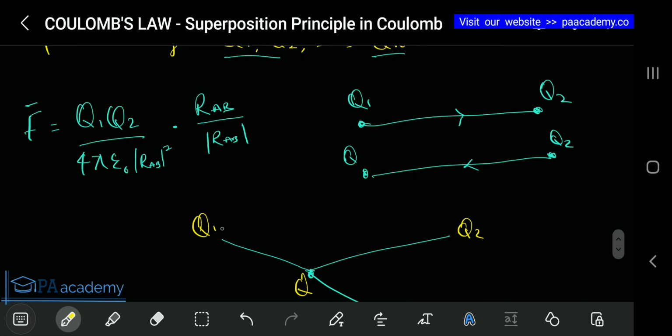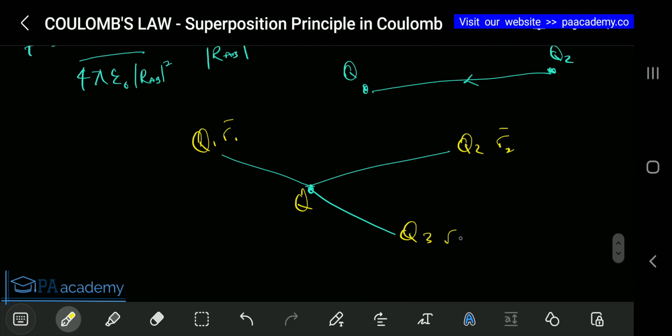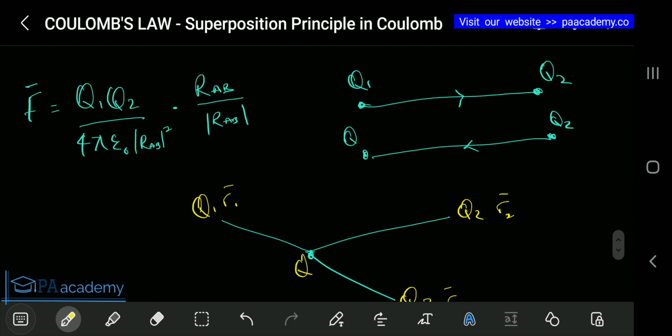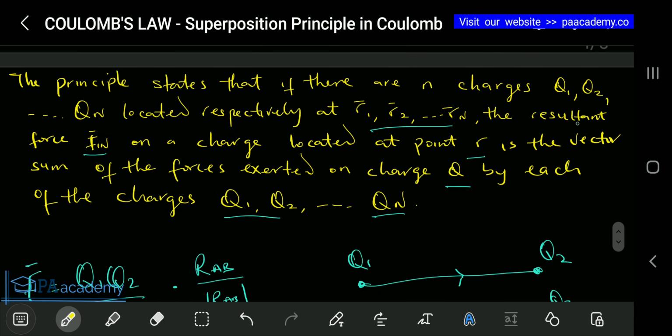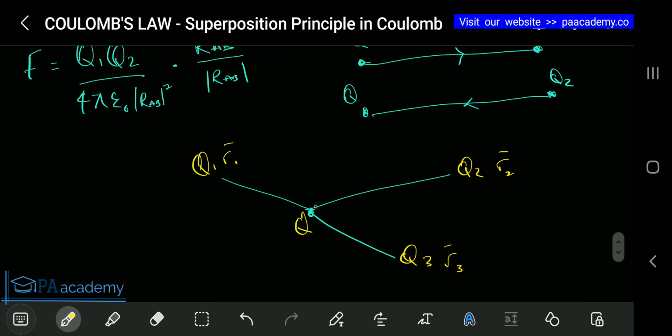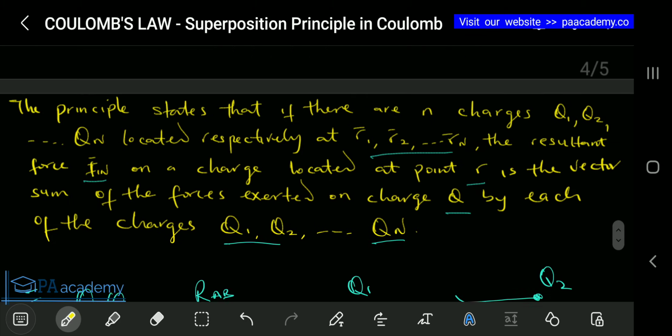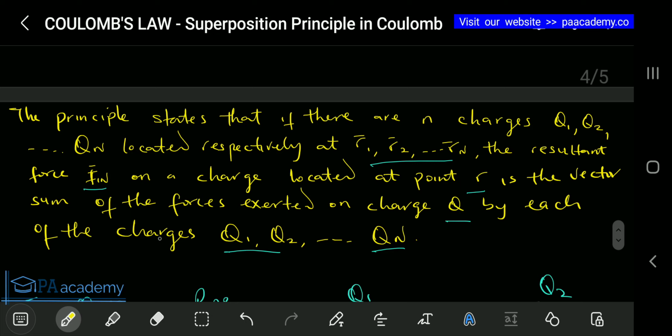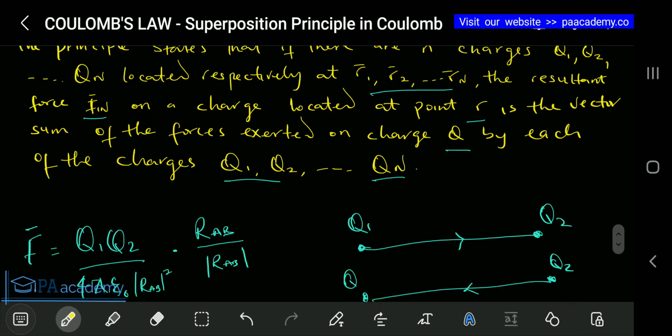So this one is located at R1, this is located at R2, and this is located at R3. Exactly, so that's the coordinate. Okay, so the resultant force on the charge located at point R, that means the resultant force acting at this point where we have Q and the coordinate is R, is the vector sum of forces exerted on charge Q by each of the charges Q1, Q2 and Q3.